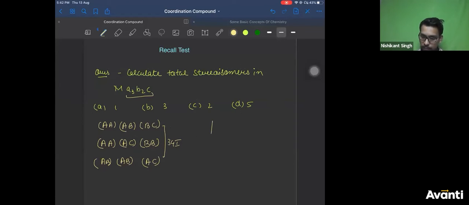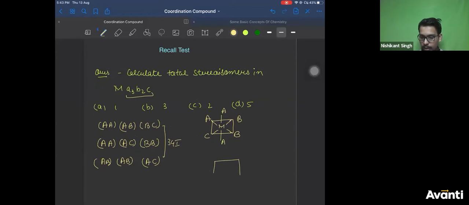Now draw all 3 of them and check plane of symmetry. I'll tell you, Adesh was talking about one trick. I will tell you that trick also, Adesh's trick, though I told you it is a summary of what we are doing. AA trans, AB trans, BC trans. This is one.